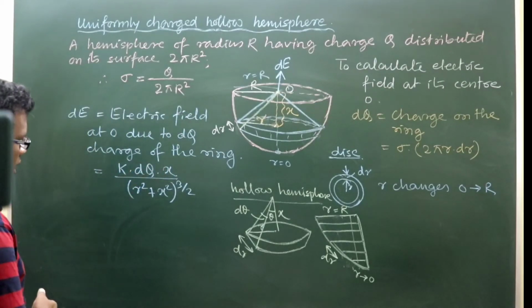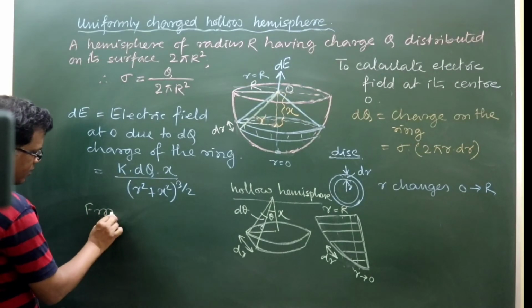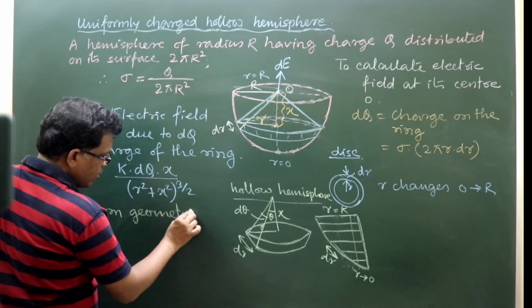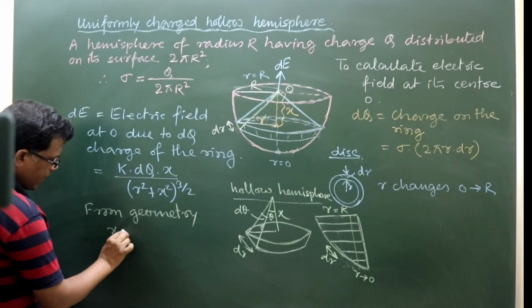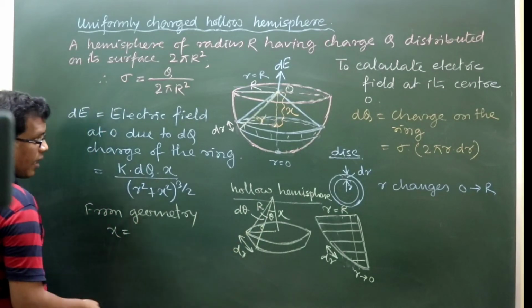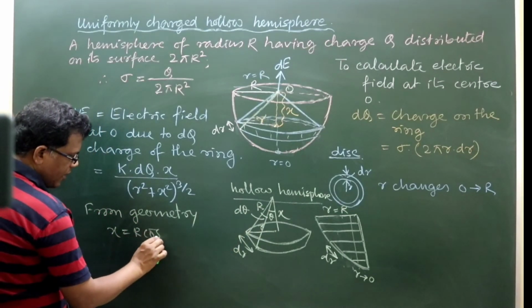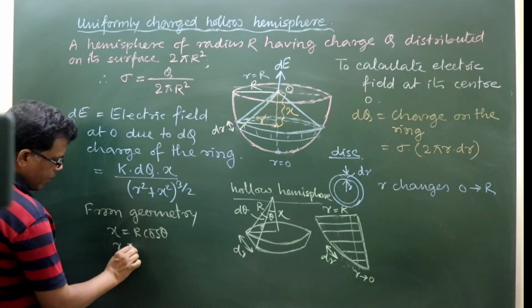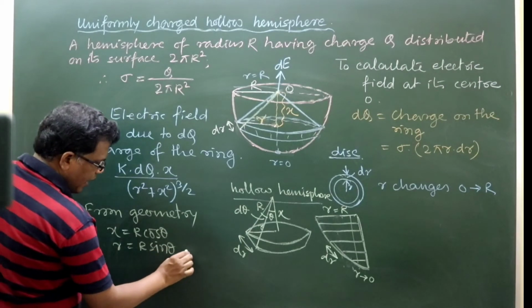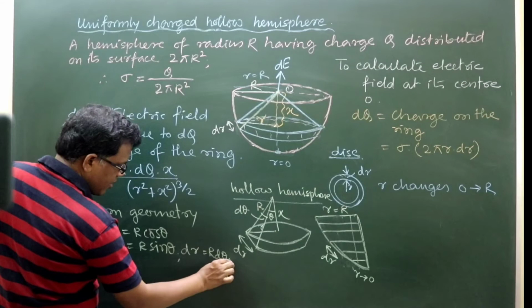So from geometry I will replace x. This length is capital R, so x will be written as capital R cos theta, small r will be replaced by capital R sin theta, and dr will be replaced by R d theta.